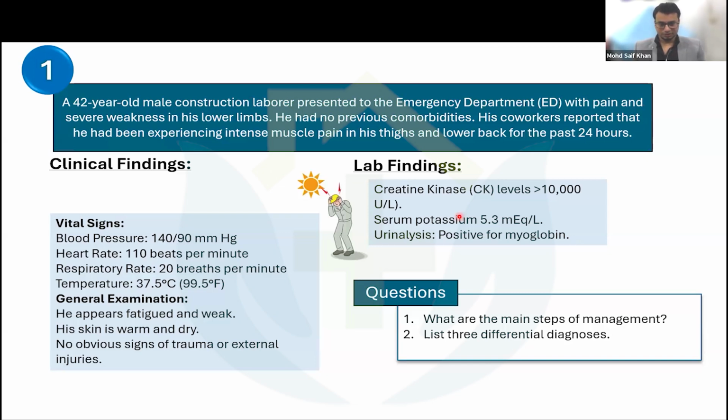This is one more differential. Patient had normal body temperature, so malignant hyperthermia may not be a good differential in this case. Suppose the temperature would have been higher, in this case the differential would include malignant hyperthermia as well.